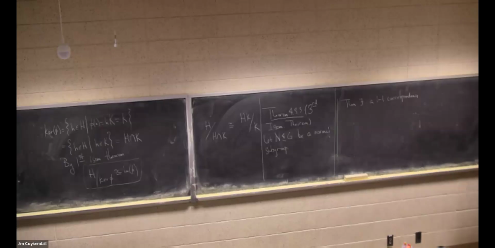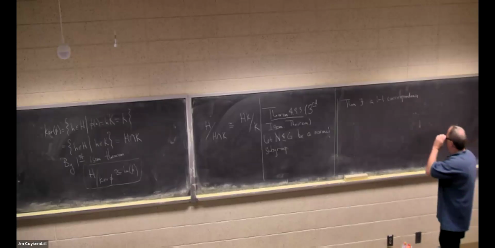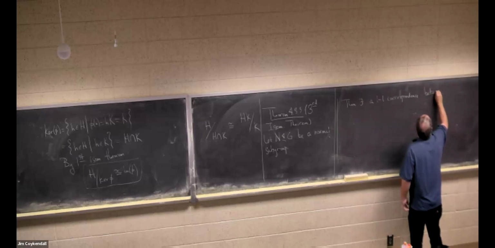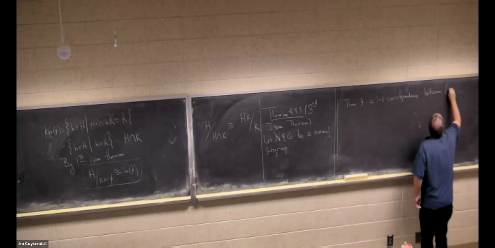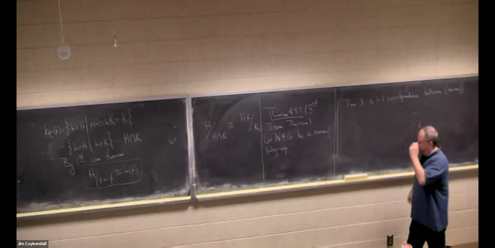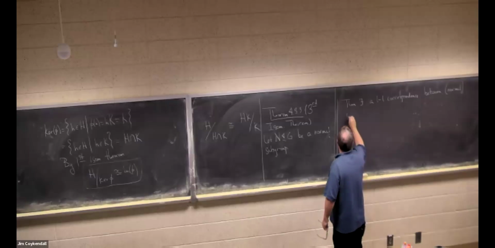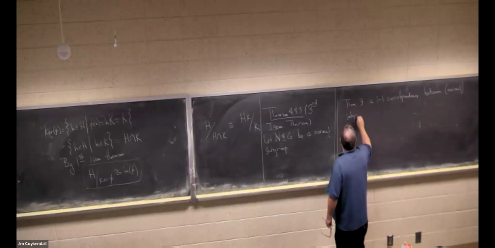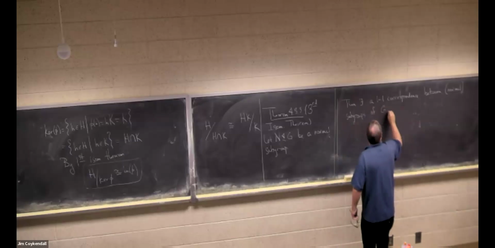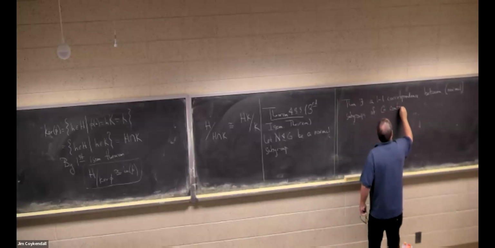It means there's a bijective correspondence between these two sets. And what are those two sets? Between (normal) subgroups of G containing N.